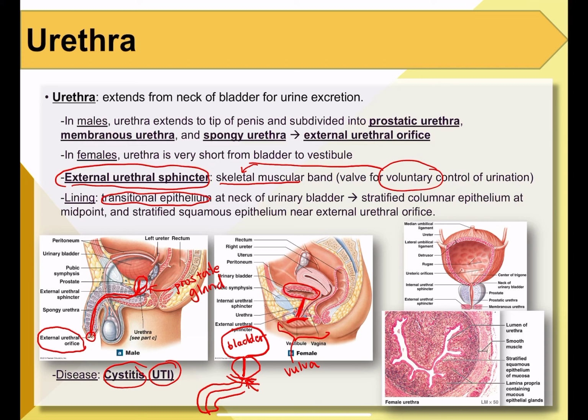Then at the midpoint of the urethra, it changes into stratified columnar epithelium, which is not very common in any other parts of our body. And the last portion changes into stratified squamous epithelium near that external urethral orifice.